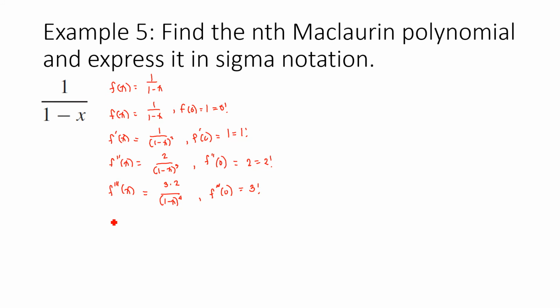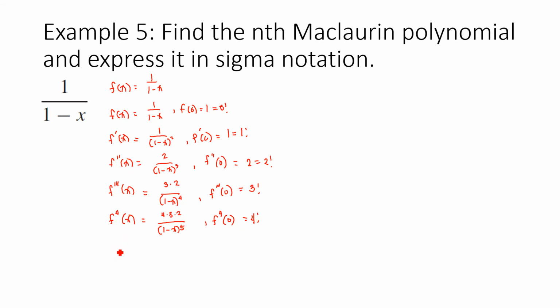Then the fourth derivative of f of x is 4 times 3 times 2 over 1 minus x raised to 5, so the fourth derivative of f of 0 is equal to 4 factorial.